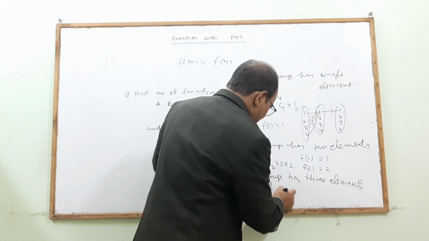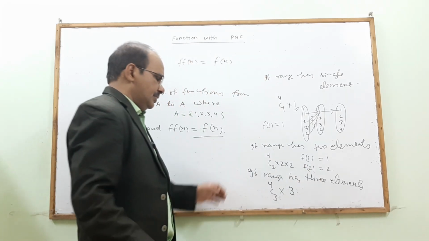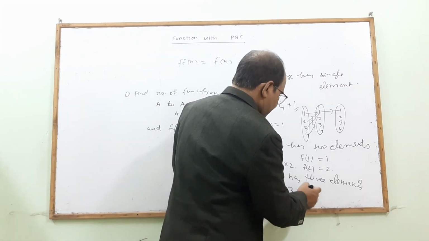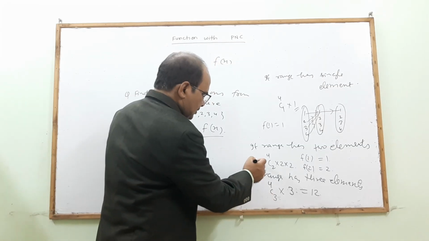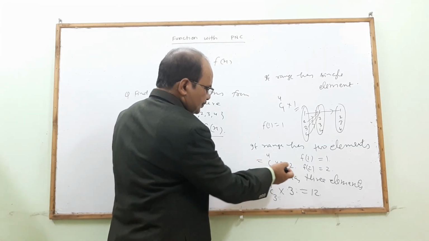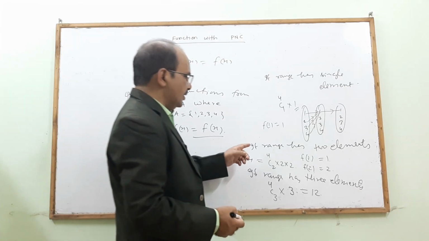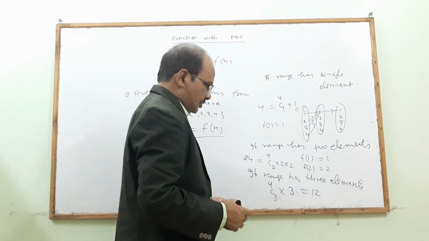So we can write 4C3 into 3 choices. It will be 4 into 3, that is 12. Here it will be 6 into 4, it will be 24. And here 4C1, it will be 4.